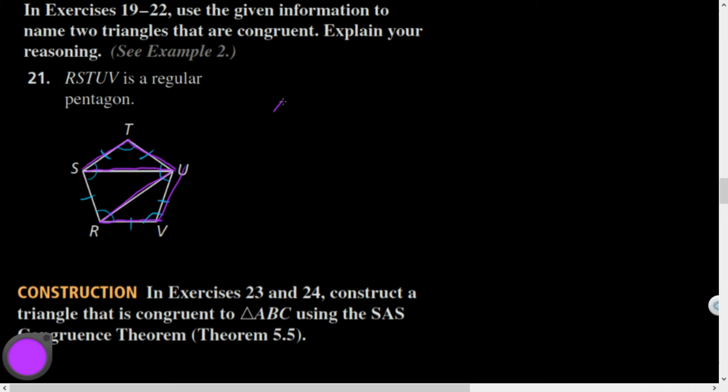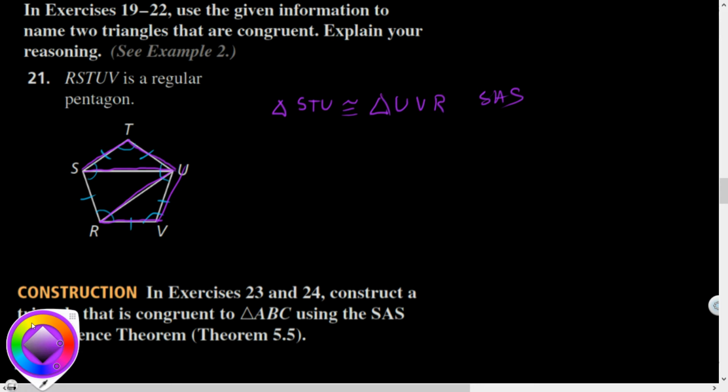So I could say that triangle STU is going to be congruent to UVR, or RVU, because these triangles happen to be isosceles and symmetric. So I'll just call it UVR. And the reason that's true is by side angle side, with some of that being by definition of regular.